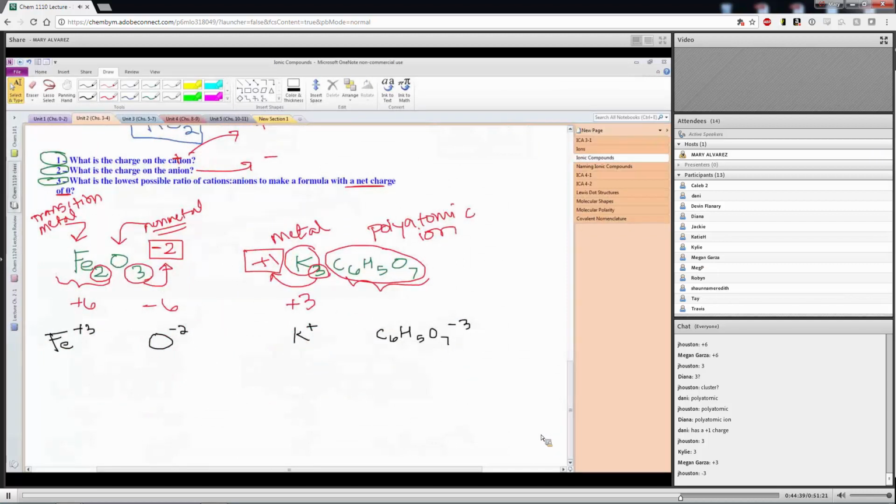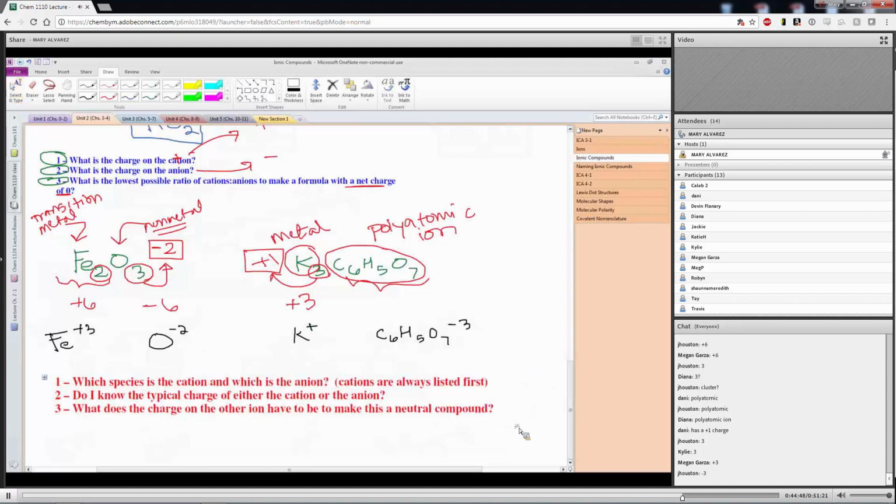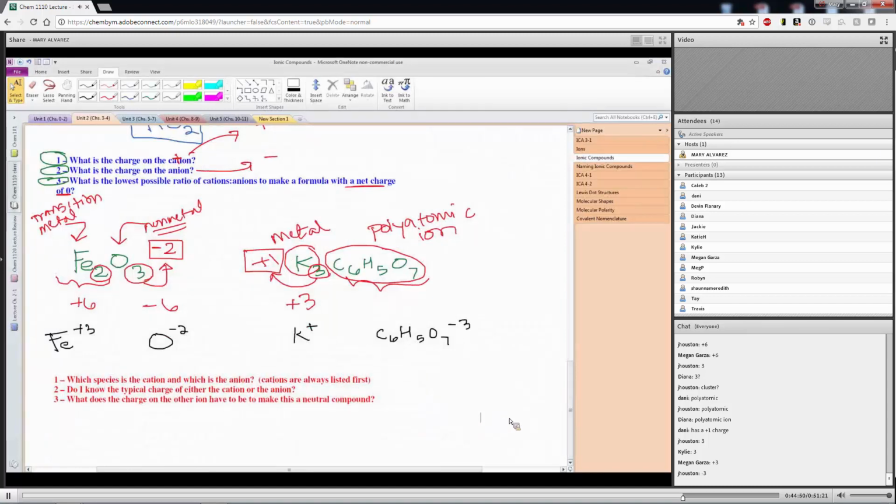So again, here I'm going to break this down to a 3-step process. What we did was ask ourselves which was the cation and which is the anion. And here's the clue. You might not have noticed, but we have followed this rule. Cations are always listed first. We always have the cations, or the positively charged ions, before the anions.